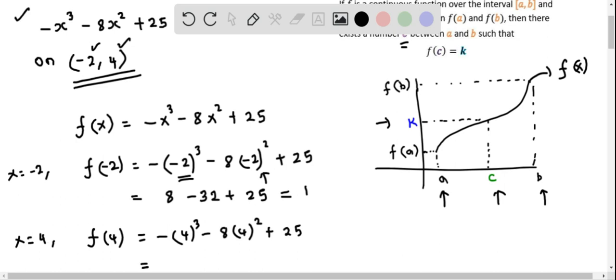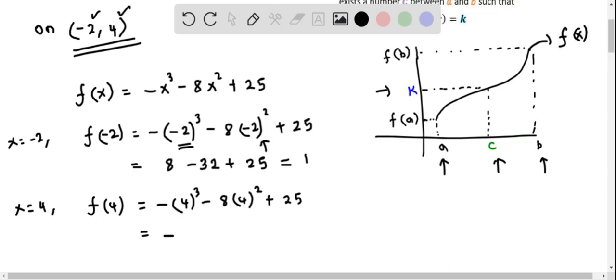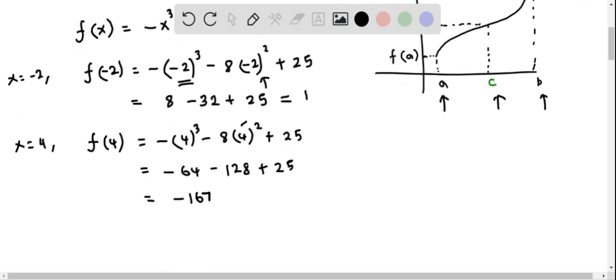So negative 4 cube is negative 64 minus 4 square is 16. 16 times 8 is negative 128 plus 25, and this equals negative 167. So we now determine the function values at two endpoints, that is f of negative 2 equals positive 1, and then f of 4 equals negative 167.